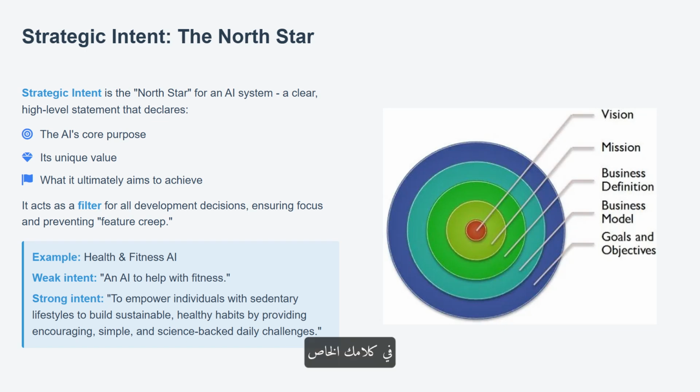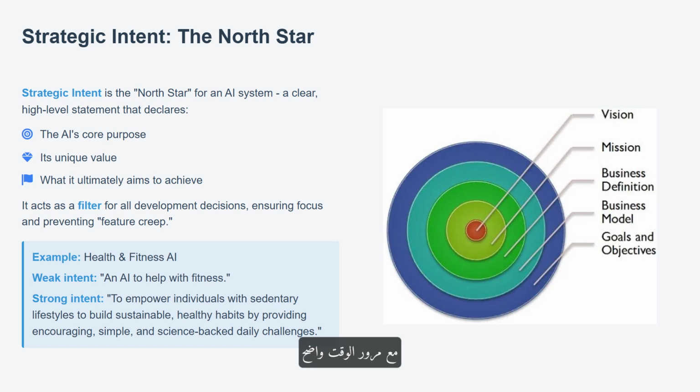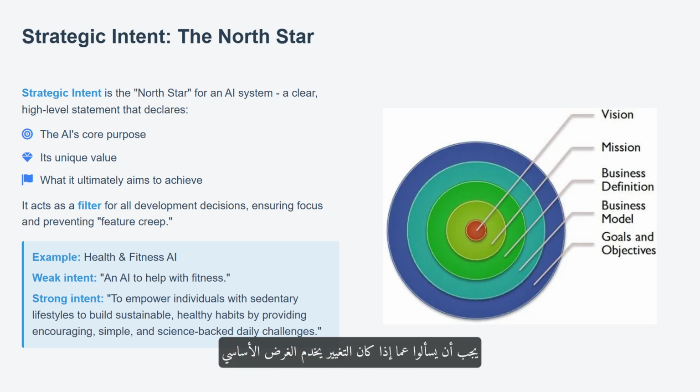In your own words, explain how a clear strategic intent prevents an AI system from deviating from its core purpose over time. A clear strategic intent acts as a permanent guidepost for all decisions. When developers consider adding a new feature or changing the AI's behavior, they must ask if the change serves the core purpose.